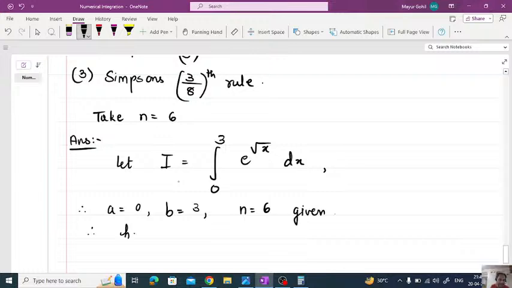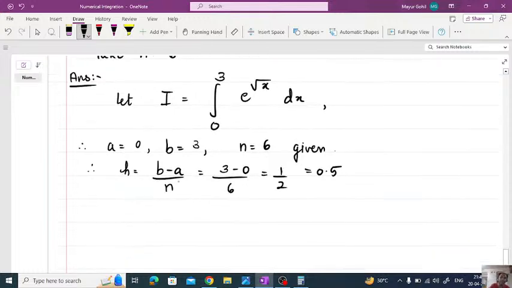Therefore h is going to be how much? Use the formula b minus a upon n. So b minus a is 3 minus 0 upon n which is 6. So here it is half, which equals 0.5.